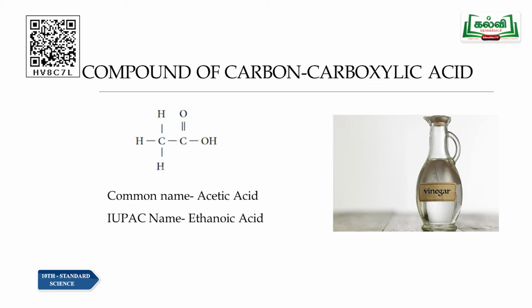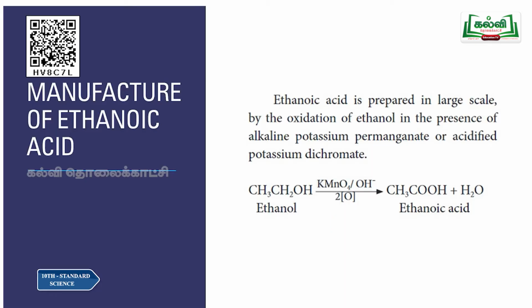We have learnt about IUPAC naming in the previous class. Acetic acid is present in vinegar. Vinegar contains acetic acid. For ethanol or ethyl alcohol, we saw that the method of preparation was by fermentation, how it is prepared from sugarcane juice, that is molasses.